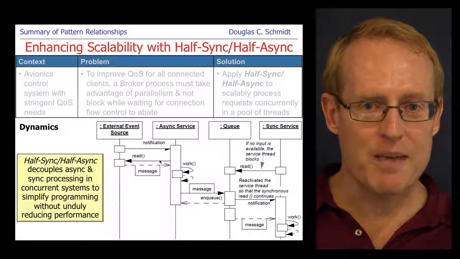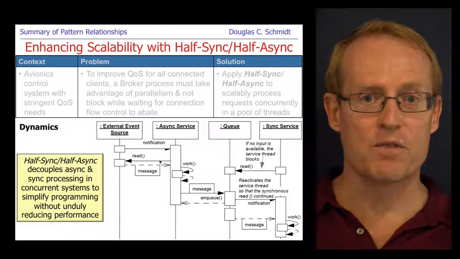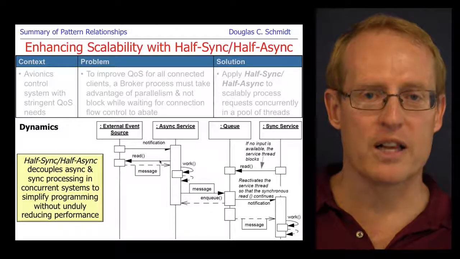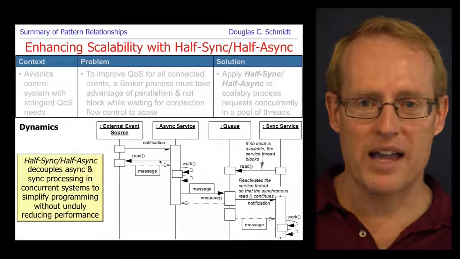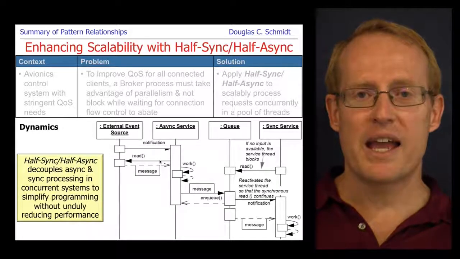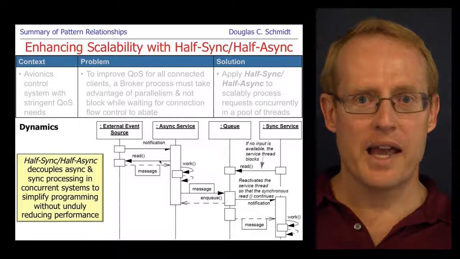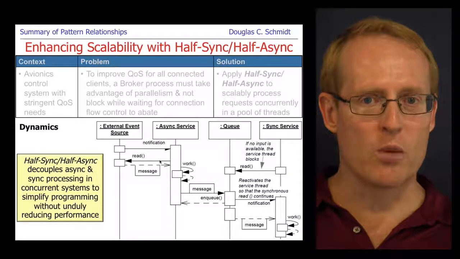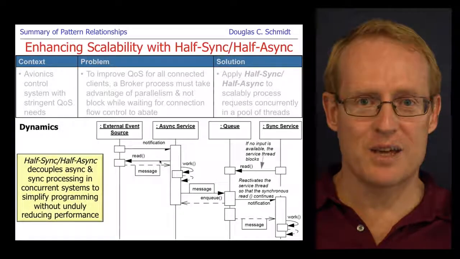This dynamic view of the half-sync, half-async pattern illustrates the flow of control a little bit more clearly. The async layer is driven by either event dispatches or callbacks from interrupts or signals. It takes the data, does a little processing, puts it on a queue, and then that wakes up one or more of the threads blocked in the sync layer, because they can block in the sync layer.